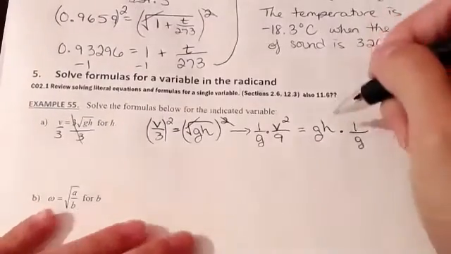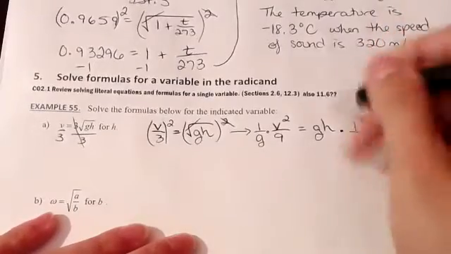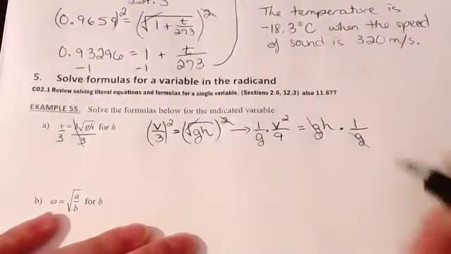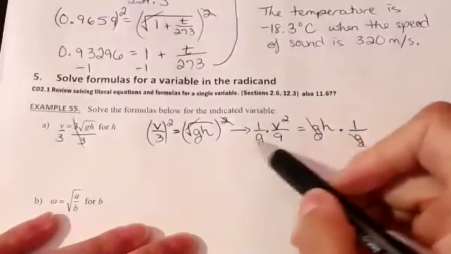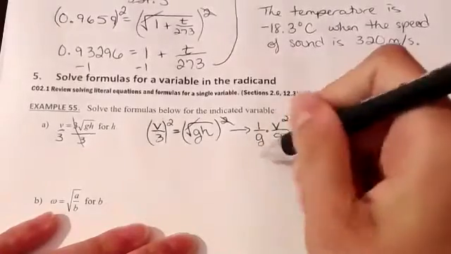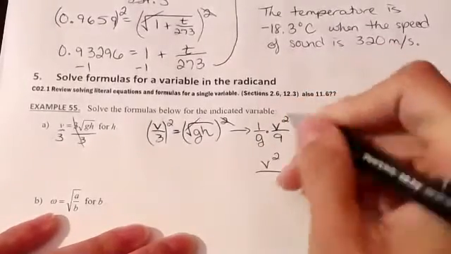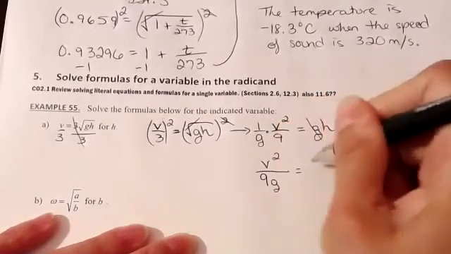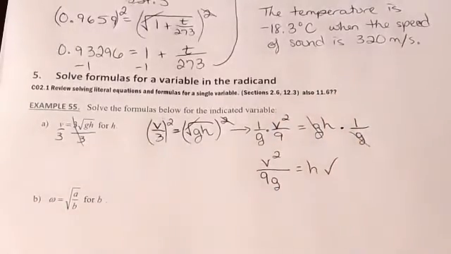So when we multiply by the reciprocal 1 over G, which is the same as dividing by G, these G's will cancel, and then I can put these two together. So that gives me v squared over 9G is equal to h, and then you're done.